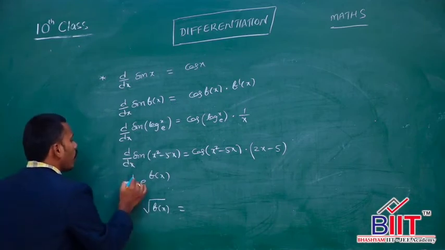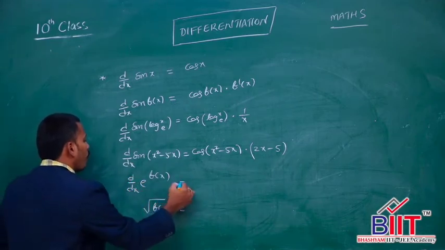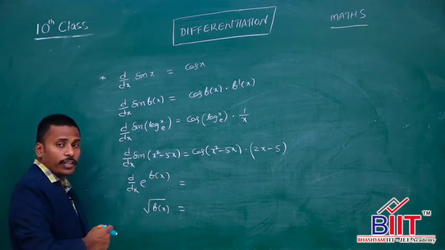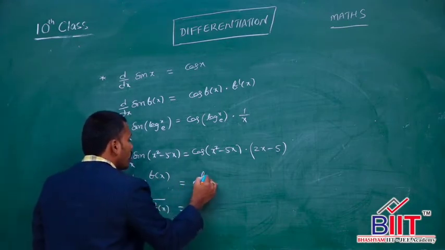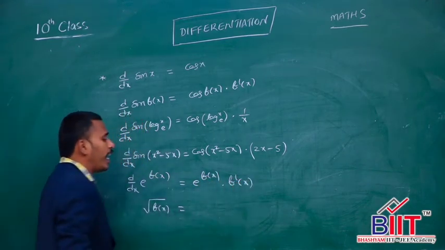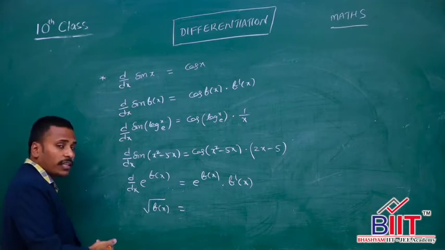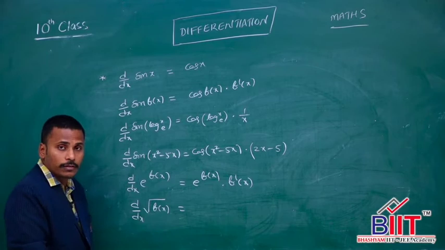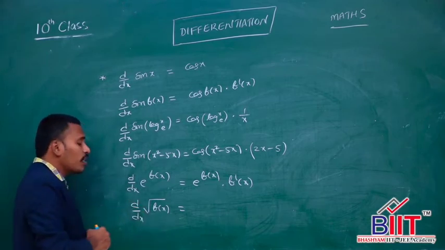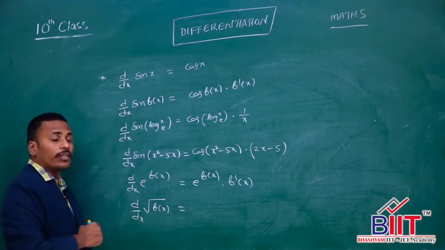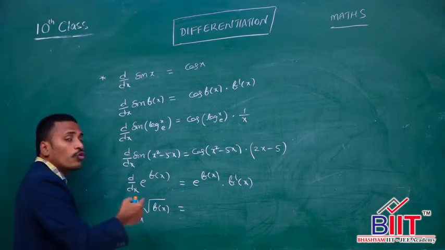And the next thing, what is the d by dx of e power f of x? The same logic. Here the input is f of x and we are calculating with respect to x. So our answer is e power f of x into the derivative of f of x, which is f dash of x. And the next thing, root f of x. What is the d by dx of root f of x? Here root is the function and the input is f of x, but we are calculating the derivative with respect to x.